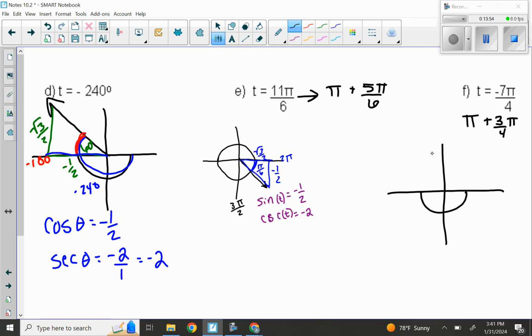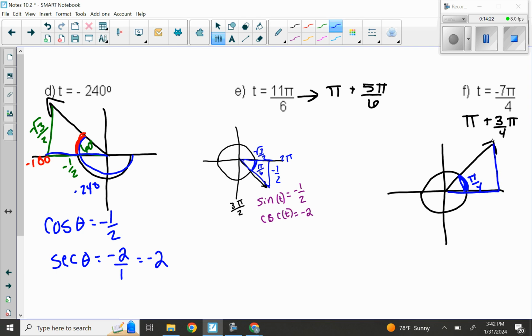And then 3/4 pi is a full half and a little bit more. So we fall here. So we're like trying to find this missing space. And we are pi over 4 away from having that another full pi.